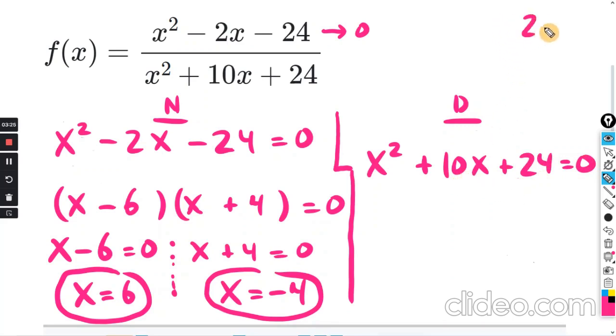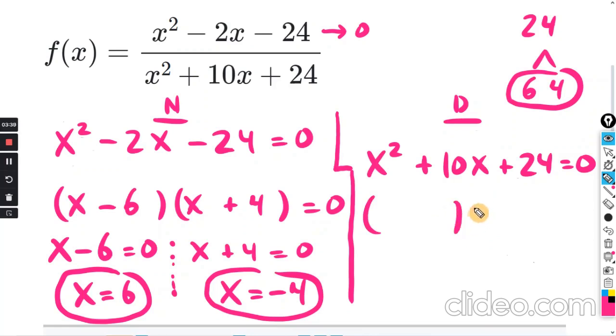If we again write out the factors for positive 24, we have 6 times 4, and those two numbers add to 10. So rewriting this as a binomial, we start with x and x because x times x is x squared, and we use positive 6 and positive 4.